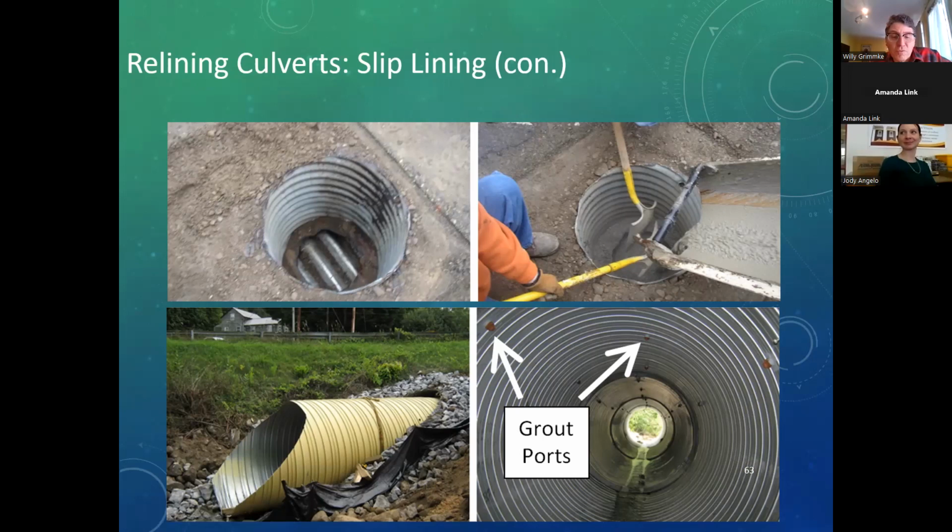With the spiral rib slip line, that has grout ports, and once that was in place, grout was injected at the ports throughout the pipe, and in both cases, you end up with a steel and concrete sandwich with steel on the outside, concrete in the middle. So you've got a good structural pipe.